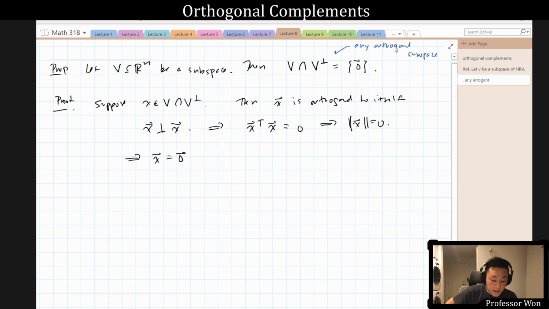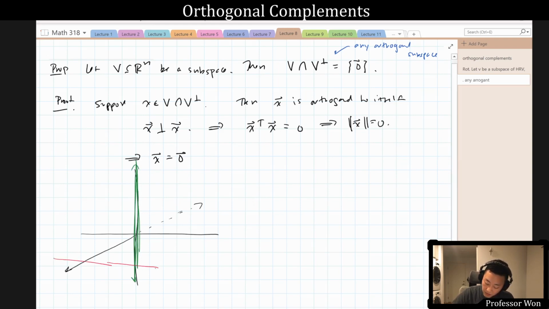Okay, so we've seen some examples of orthogonal complements already. There's also, by the way, a nice picture in the notes just to show you what's actually happening. The orthogonal complement is the biggest possible thing. So if you take your subspace to be the z-axis, then this red subspace is the orthogonal complement.